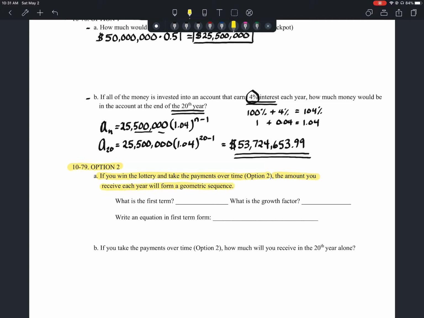Well, when you think back to the problem, we said up here that you would get $1,500,000 first. So that would be our first term. We'll just go ahead and write in there $1,500,000. It says, what is the growth factor?